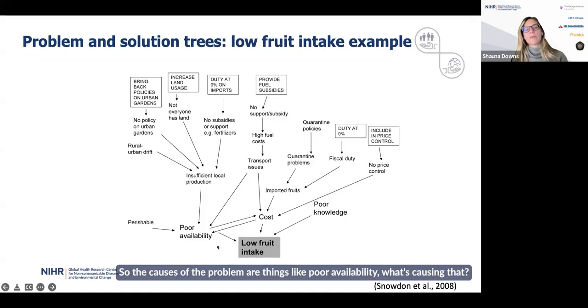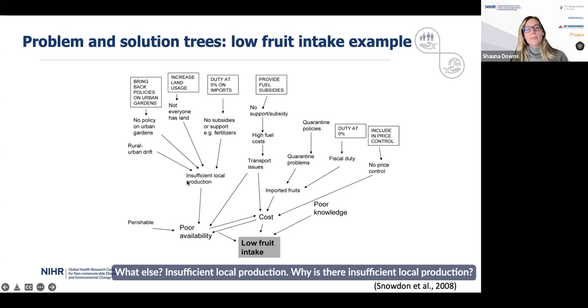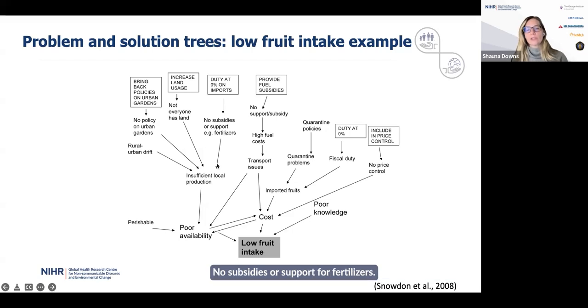The causes are things like poor availability. What's causing that? There's high perishability. What else? Insufficient local production. Why is there insufficient local production? Because there's rural urban drift, there's no policy on urban gardens, not everyone has land, and there are no subsidies or support for fertilizers.